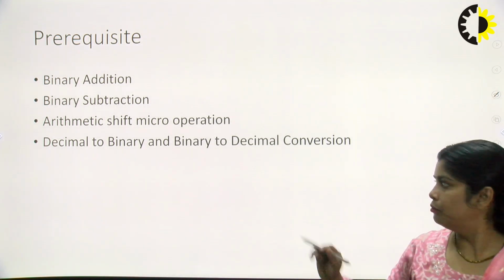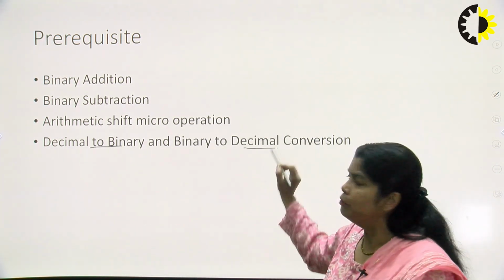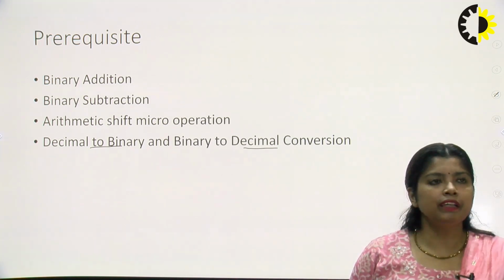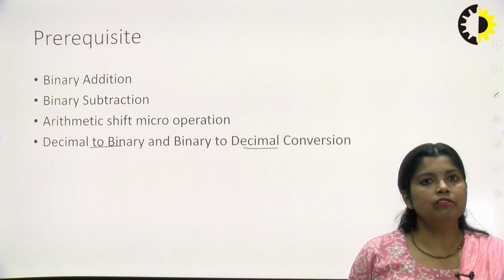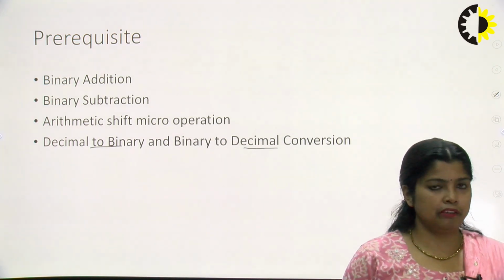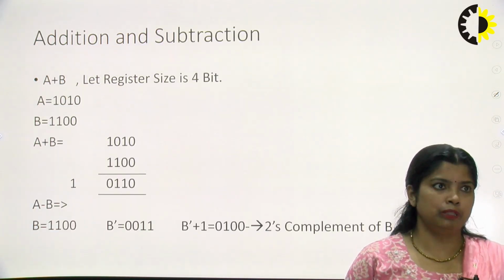We already know decimal to binary and binary to decimal. So, one by one, we will understand the requirements for the multiplication algorithm. After that, we will consider the actual Booth algorithm.